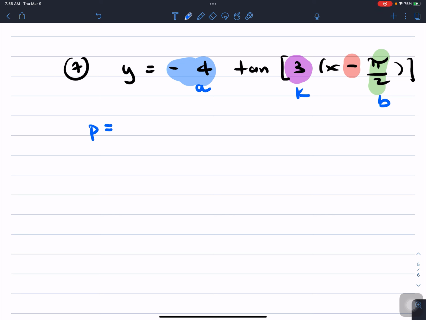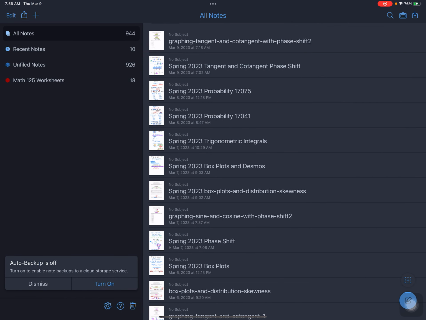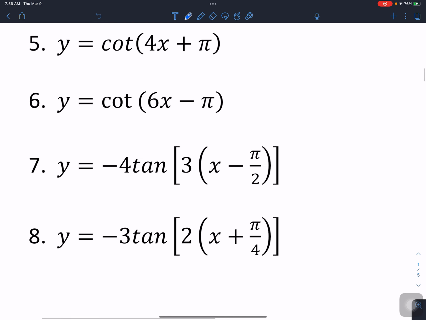What's the period for tangent? Pi over what? K. All right, what's K? 3. And I already know my phase shift value is pi over 2. So what's the interval of one cycle, ladies and gentlemen, for tangent? It's been so long that we've seen tangent, we may have forgotten.